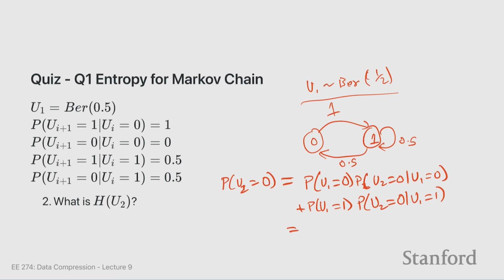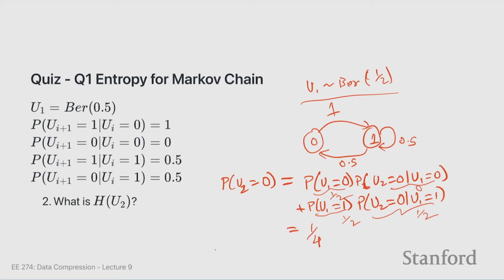So half times 0, half times 1. U1 is half, okay. Oh, right, this term is 0.5. So this is half, this is half, this is half, this is 0. So I guess you get 1 by 4. Is that what people got?